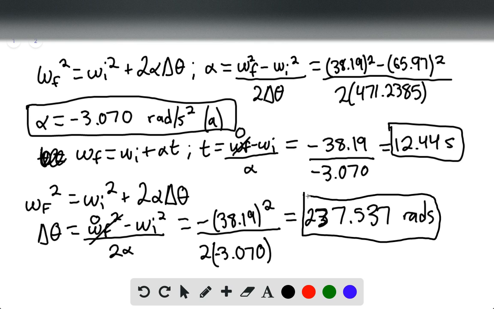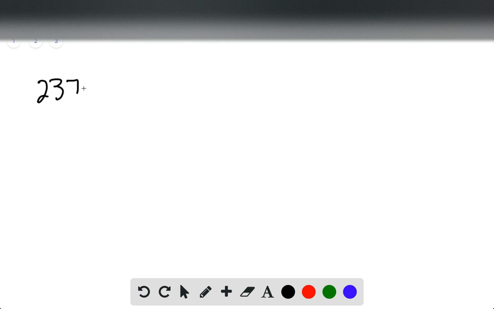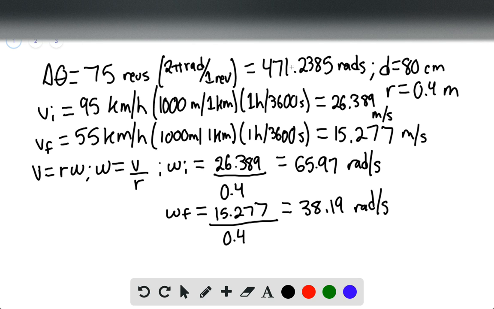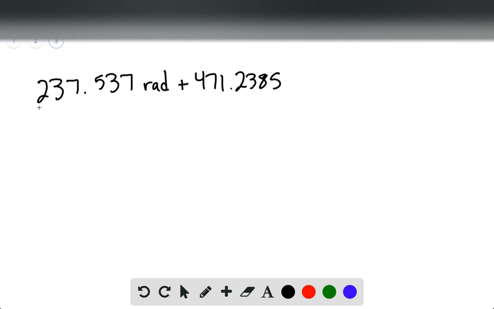This is how far we go in radians, but now we simply have to add 237.537 radians plus 471.2385. This is how far we traveled in the beginning. This is our delta theta, 471.2385, plus 237.537, how far we traveled after the car reaches 55 kilometers per hour.